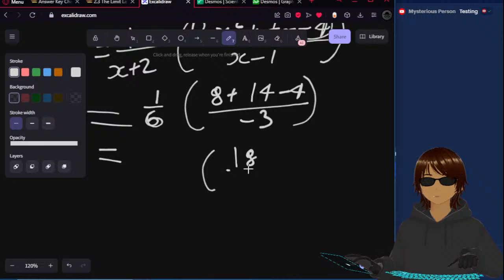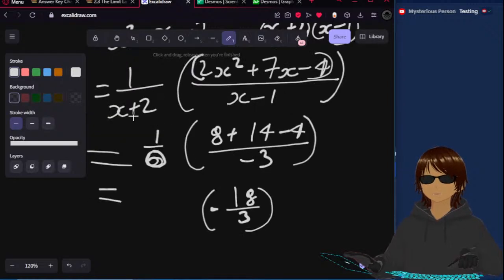This is 18 over 3. This is a negative number. And this 1 over x plus 2. Wait.